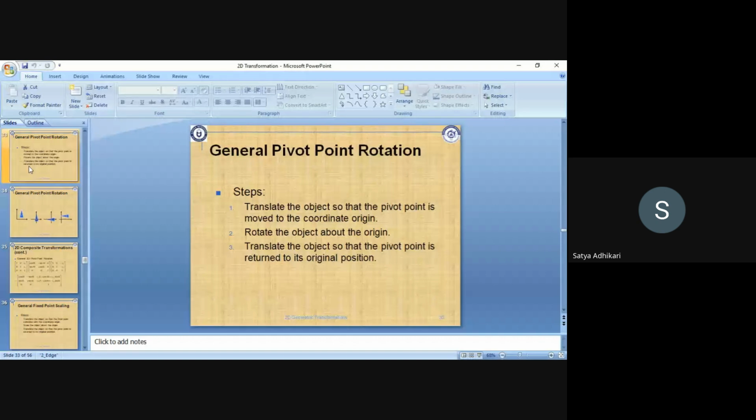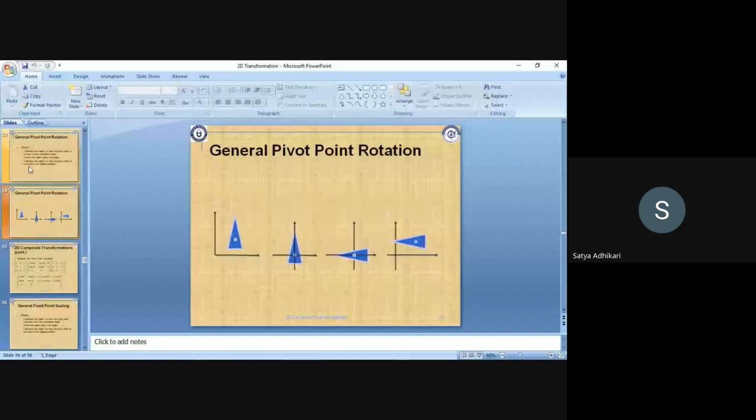Okay, let us see. This picture will make you clear about the pivot point rotation. You see, there is a blue color triangle, and there is a white point inside it.